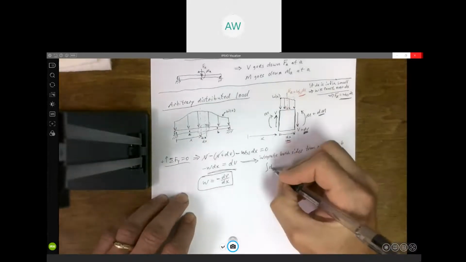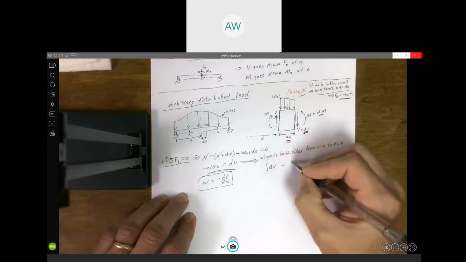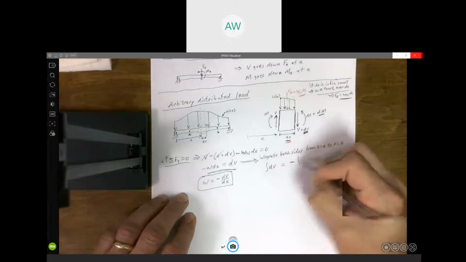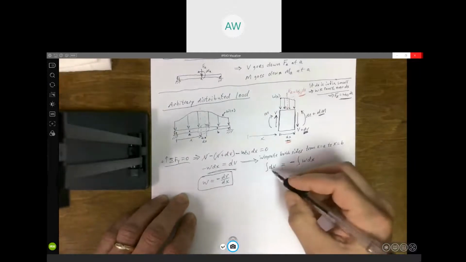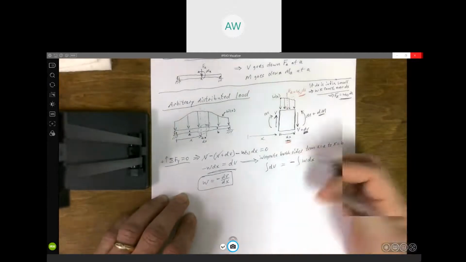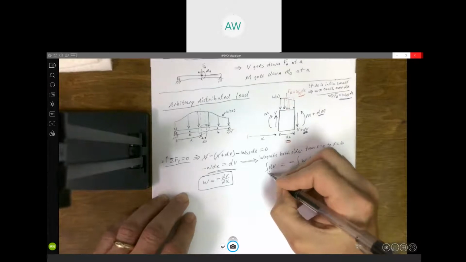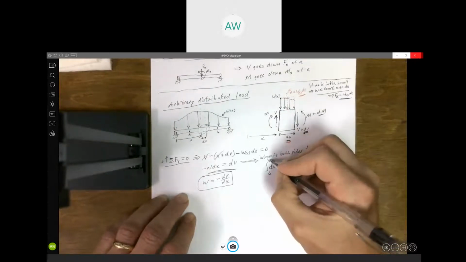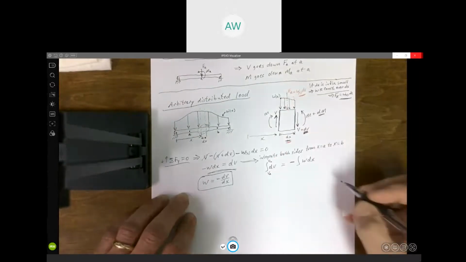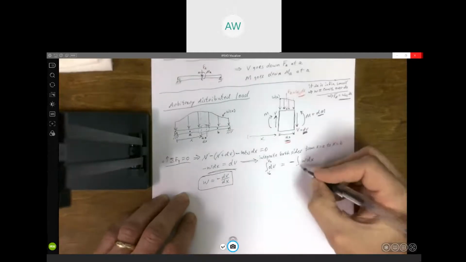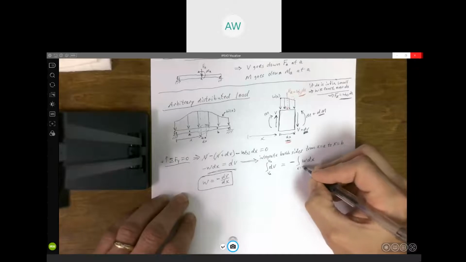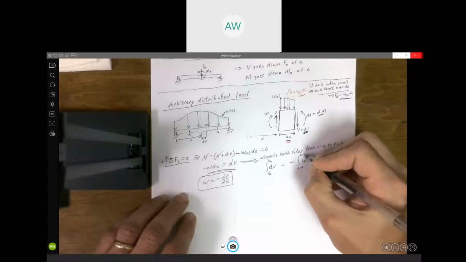So we're going to integrate dV, and I'm going to pull the negative sign out here. On the left, we're integrating with respect to V, shear force, so we would go from whatever the shear force is at A to whatever the shear force is at B. Now on the right side, we're integrating with respect to x, so we're going from x equals A to x equals B here.